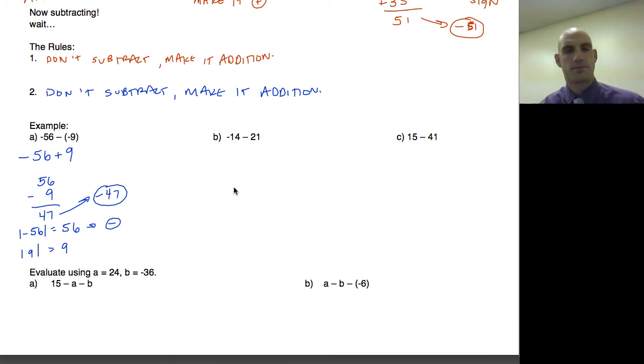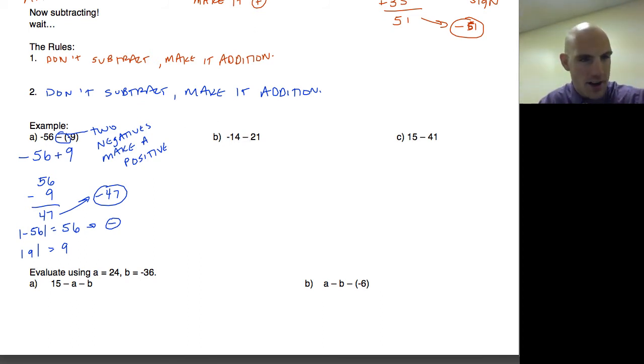Let's look at this next one. Two negatives over here made a positive. And if we look over here, we only have this one negative. But watch what I do. I'm going to give it a plus a negative. And so now my new problem is negative 14 plus a negative 21. And that's the same thing.